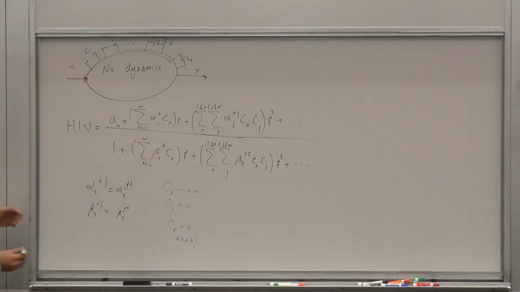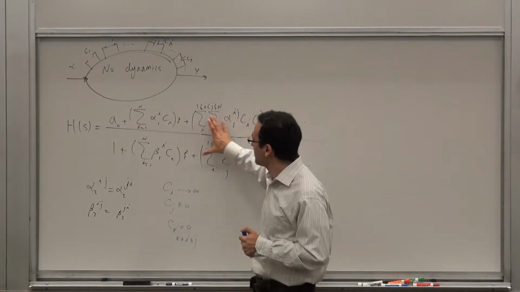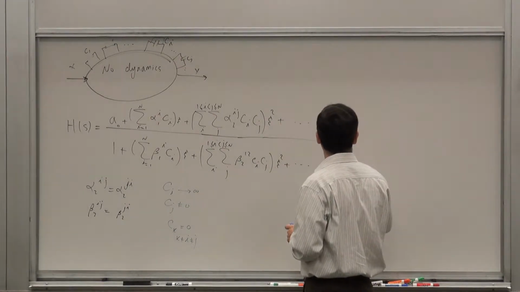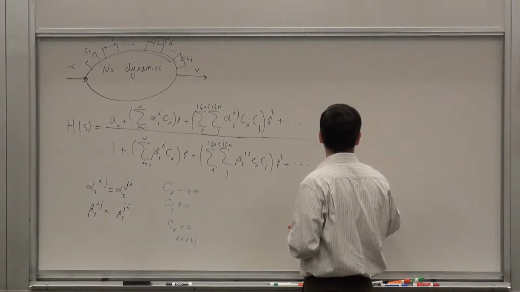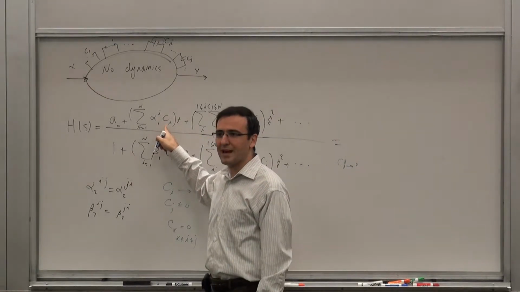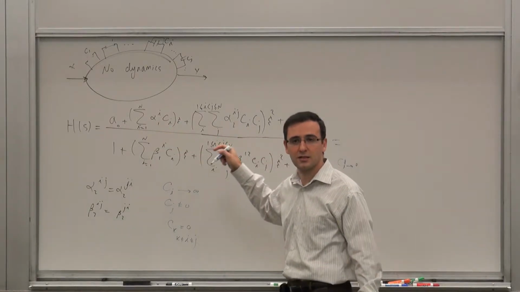Now, if you do this, what happens? If you set Ci to infinity, what would be left here? The only term that matters in this sum would be the one with Ci, because everything else will be finite.